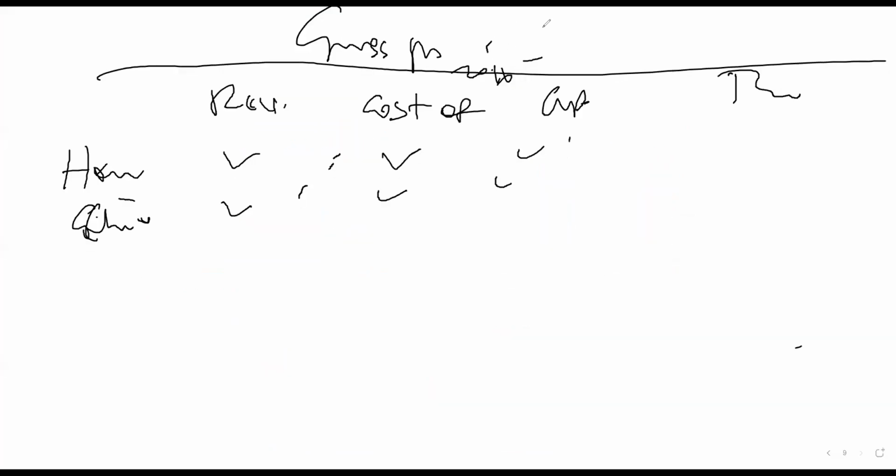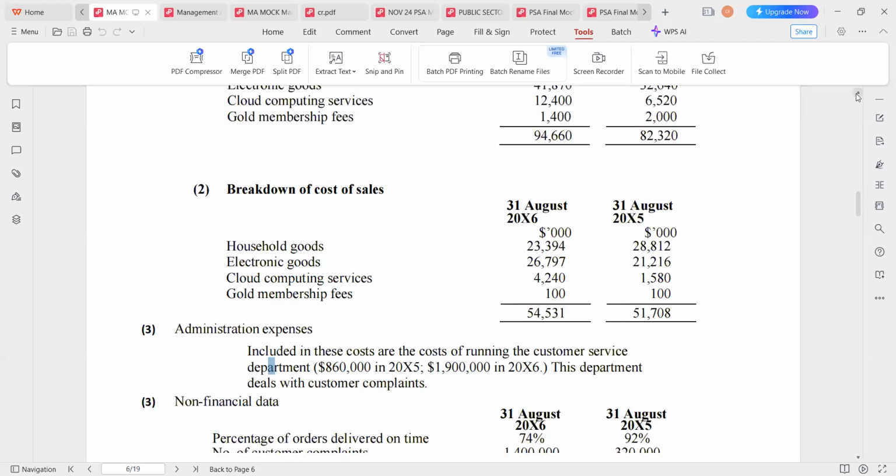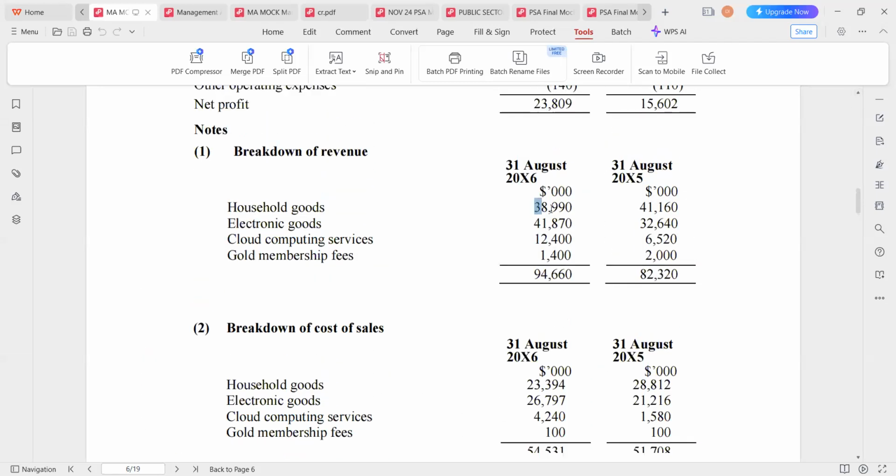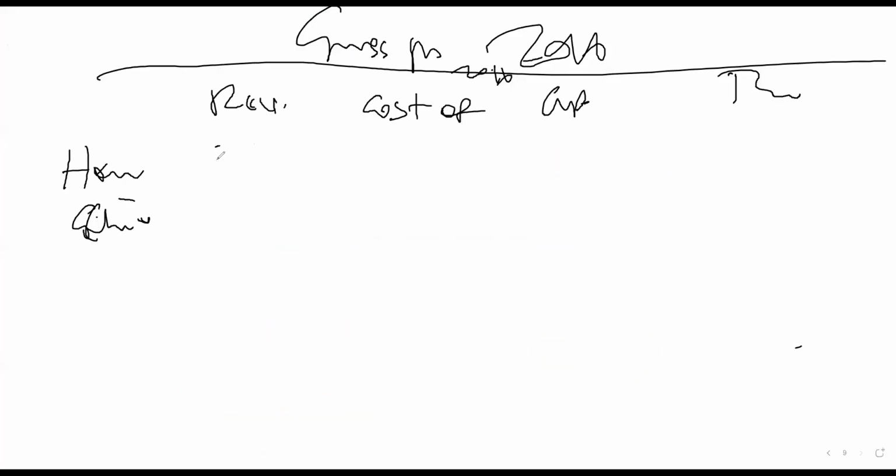You do for 2016 first. Give me the first product, its revenue. The first product is what? Household. What's the breakdown of revenue? 38,990. Okay, so 38,990. Good. Divided by the cost of sales.